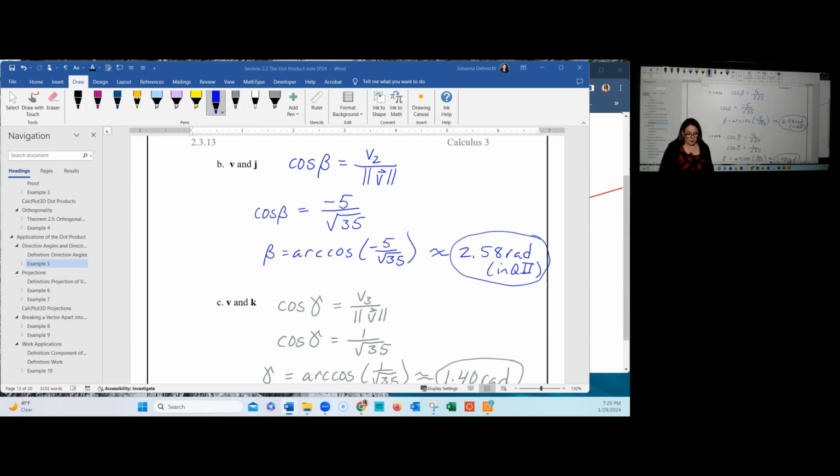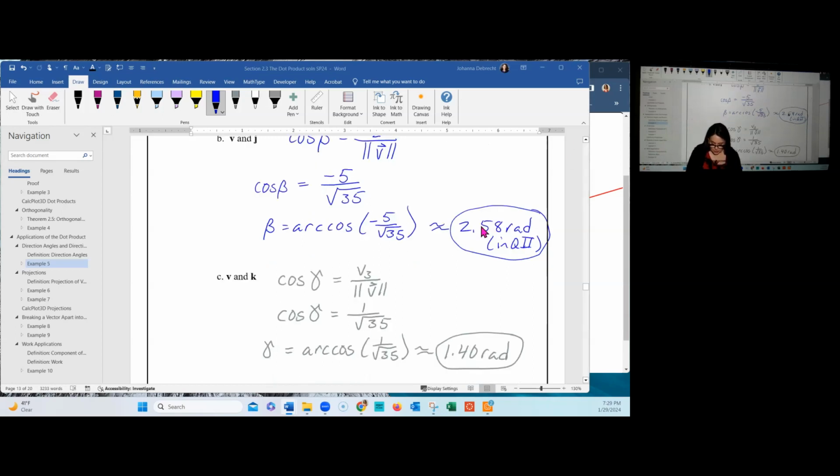Then we do a similar thing to find gamma. In this particular case, when we're looking for gamma, because we're dotting the vector V with the k hat vector, the unit vector in the z direction, we only end up with the third component. And again, the magnitude of k hat is 1.